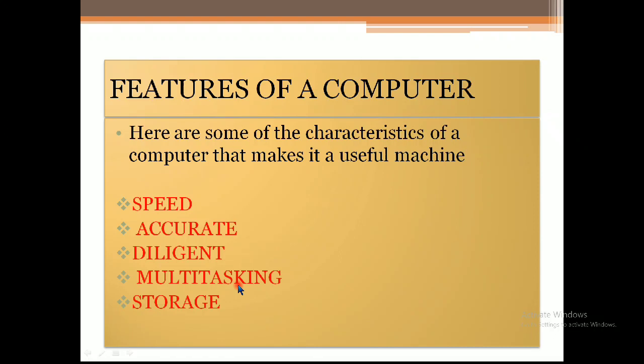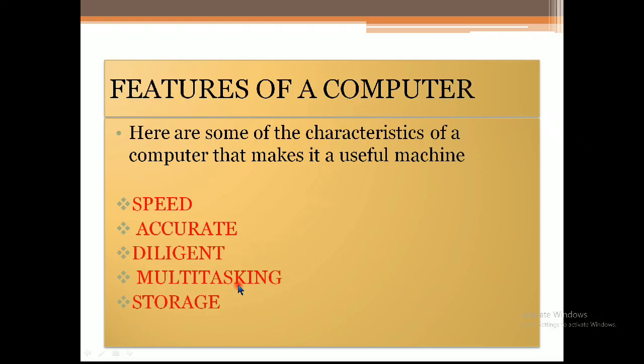And storage: a computer can store a very large, huge amount of data and instructions, but keep in mind that a computer does not hold your household things inside it. Do not try to keep your books or bags inside the computer. It only stores data and instructions.